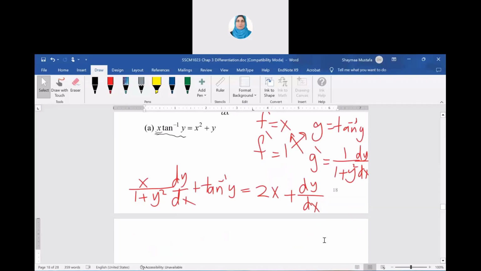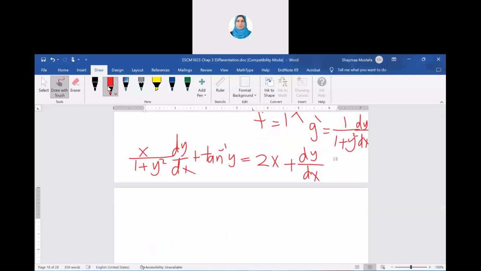Now the second step, separate the terms, including dy over dx on one side, the terms that do not include dy over dx on the other side.